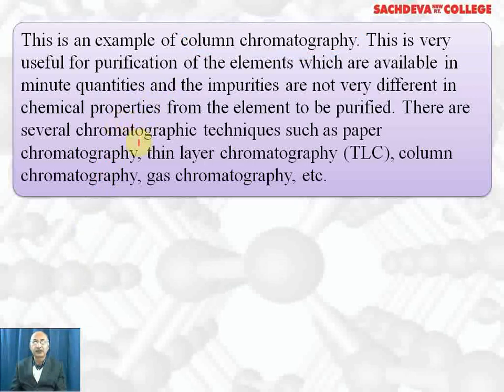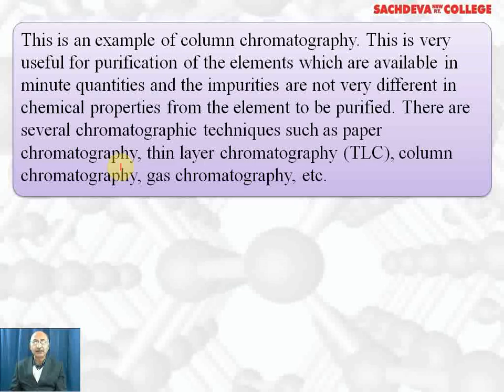There are several chromatographic techniques, such as paper chromatography, which you will be doing in practicals. In paper chromatography, we take chromatographic paper which acts as a stationary phase, and we use a suitable solvent, generally a mixture of water and alcohol.